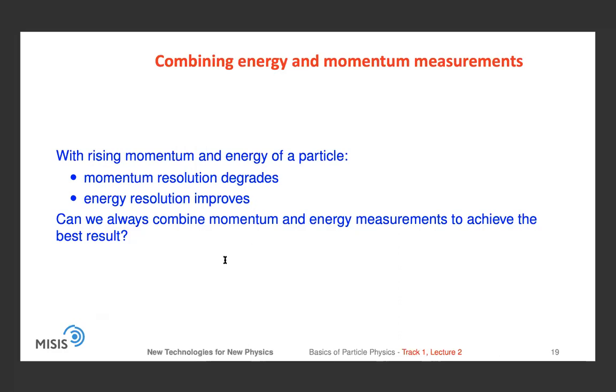So the question is, can we always combine momentum and energy measurements to achieve the best result? You can think about this question while answering another questionnaire with multiple choice. For which particles can you combine energy and momentum measurements to maximize the precision?